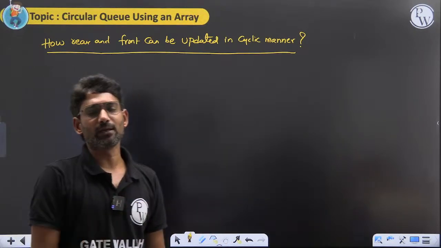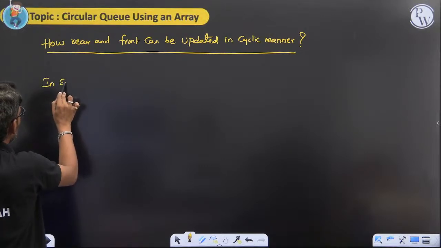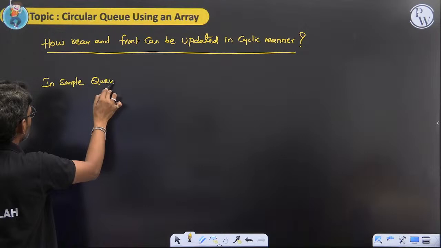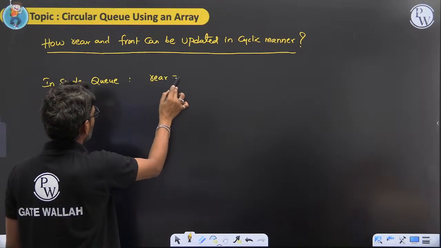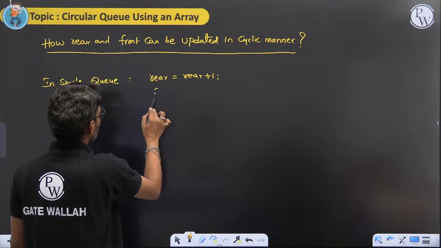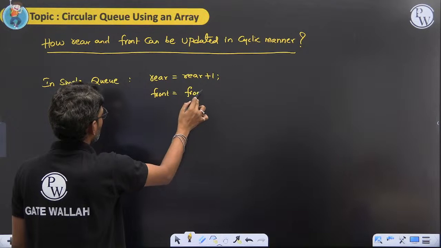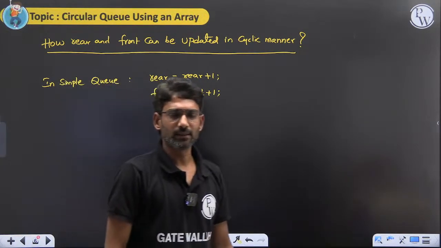So how do we achieve this? In a simple queue, usually what we do to update rear and front is increment: rear is equal to rear plus 1, front is equal to front plus 1. This is what we do in the simple queue, right?